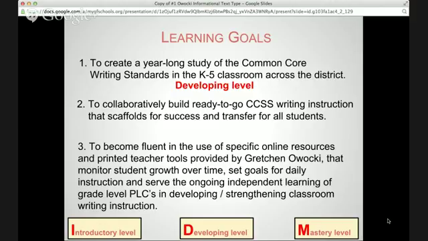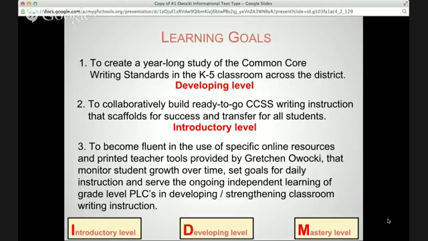But we're past an introductory level on the study. If I look at the students and what they're experiencing, I would say across the district, it would be an introductory level. They're just starting now to get a taste of what the Common Core writing standards demand.